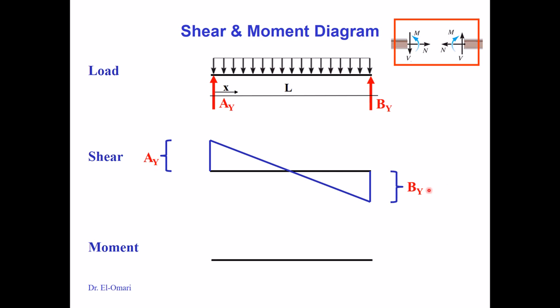After that, drawing the moment diagram, a very important note is that whenever you have a zero shear, then you will have a maximum moment. Remember, we said that the intensity would give you the slope.